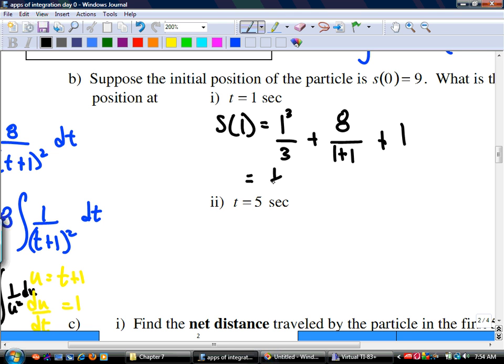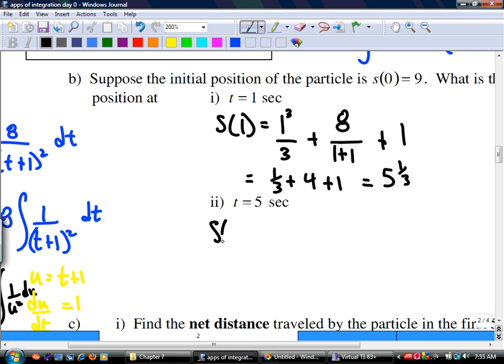So it's 1/3 plus 8 over 2, 4, plus 1. So 5 1/3. Or 16/3 if you want.